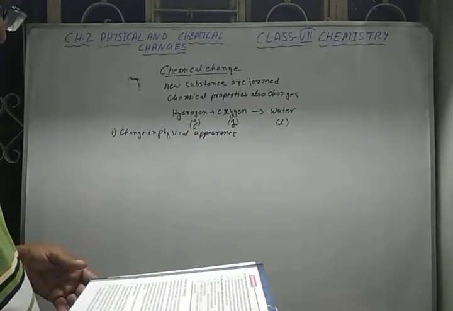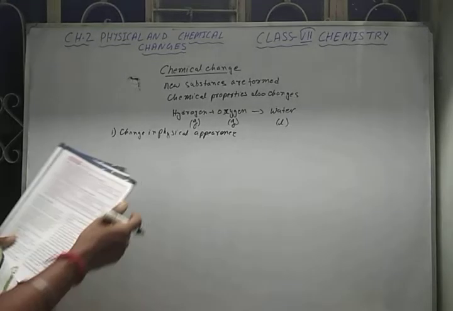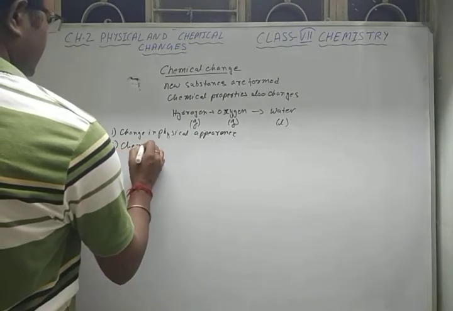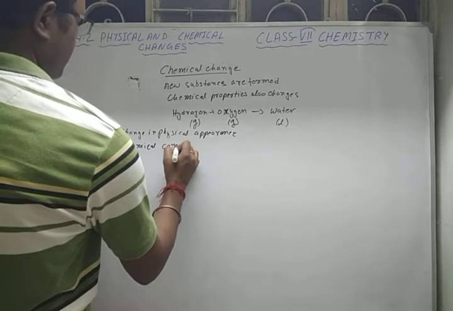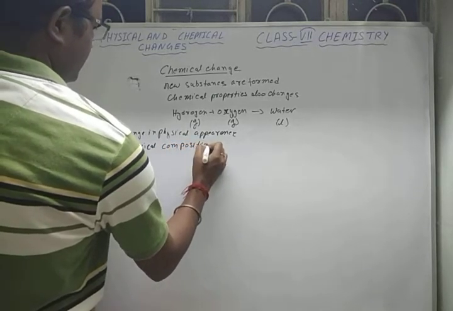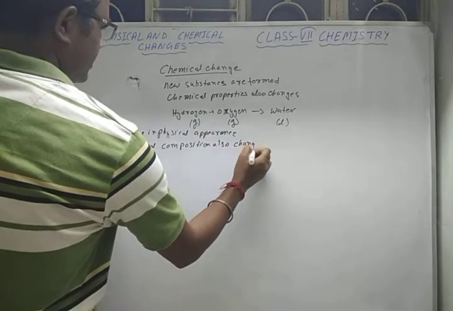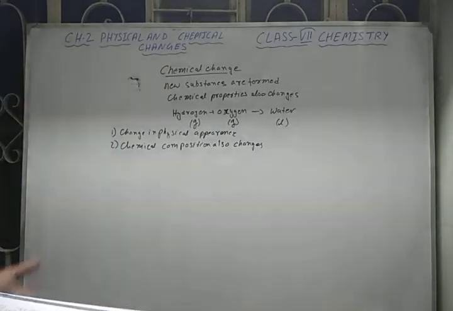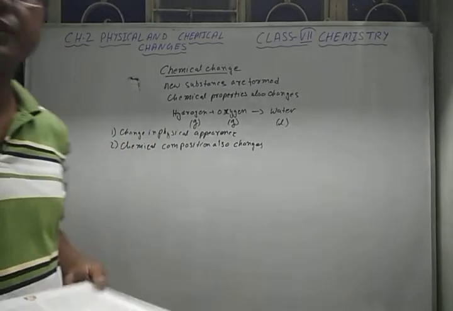The original substances undergo a chemical reaction to form a new substance, so the chemical composition also changes. So new substances are formed, chemical property changes, physical property changes, appearance changes, chemical composition changes, etc.